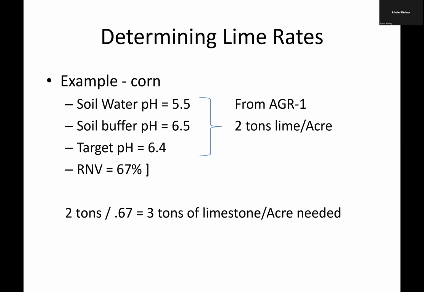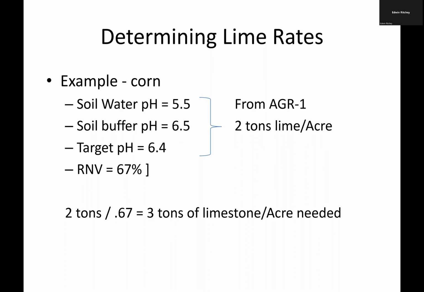So to get 100 pounds of K2O, I add 200 pounds of the potassium sulfate, or I divide 100 by 0.5, and there's my 200. The same thing applies here. I want 2 tons of 100% effective ag lime. It's 67% effective, so I need to apply 3 tons of that lime to get the 2-ton application rate.